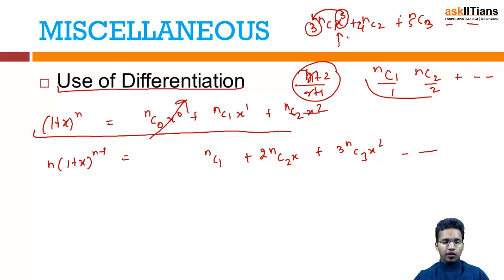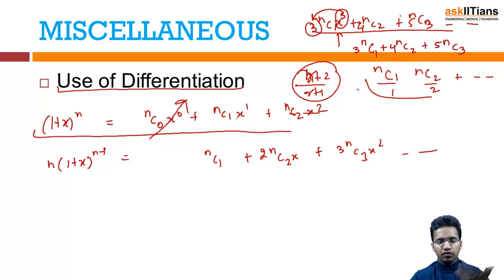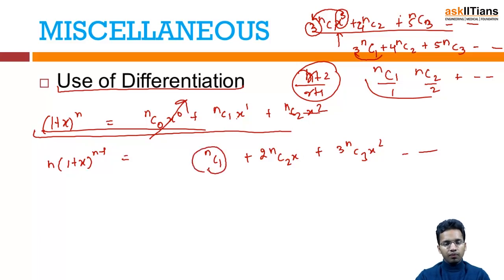Suppose I am just talking about this series only, that the series goes on like this: nC1, 3, I need this thing, 4 nC2 plus 5 nC3. I am requiring this series straight away. Now what knowledge do we have in this expansion? Here I need 3 with C1. Now what am I getting with C1 here? 1.